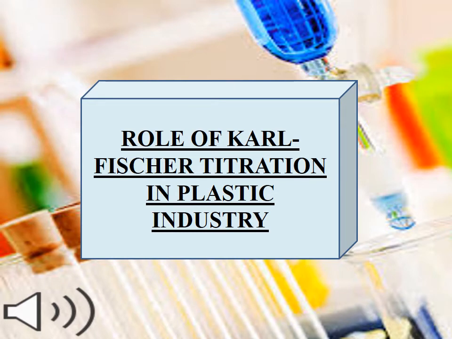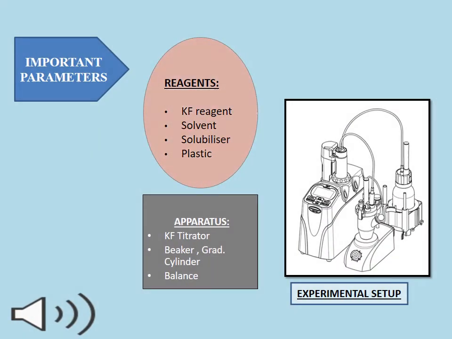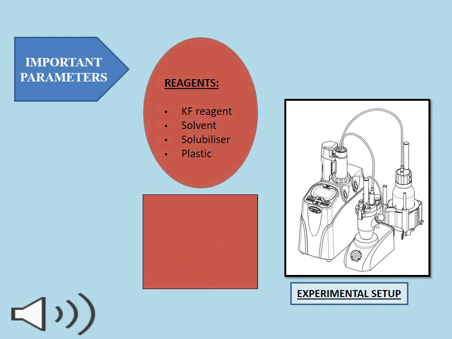So now the next application of the KF titration is the role of this titration in the plastic industry. Before coming to the procedure, we'll discuss some important parameters that include the operators, the reagents, and the experimental setup.